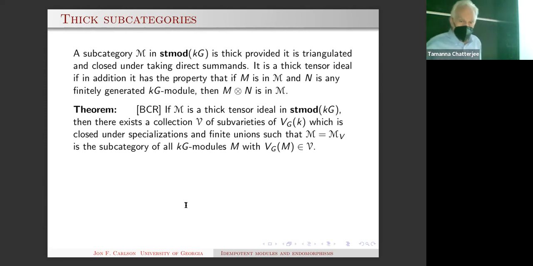Okay, so in other words, the thick tensor ideals are determined by collections of subvarieties of the spectrum of the cohomology ring that are closed under specialization and finite unions.